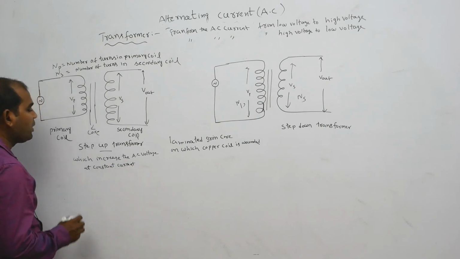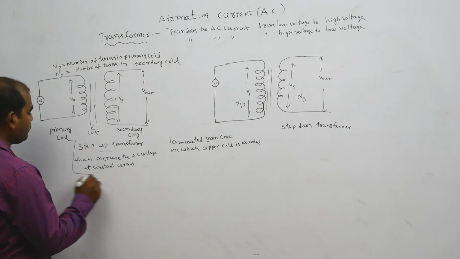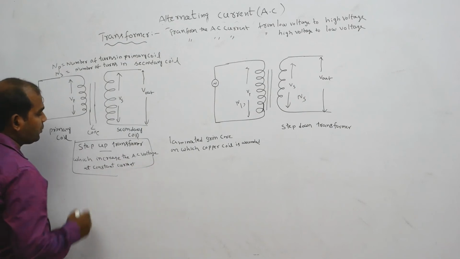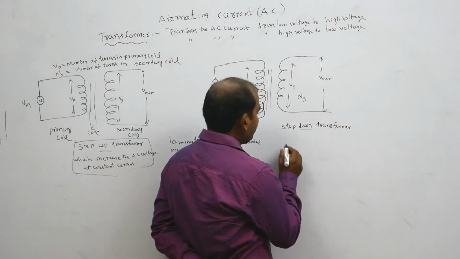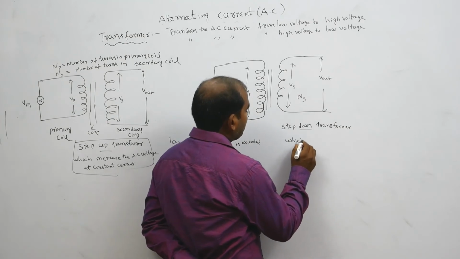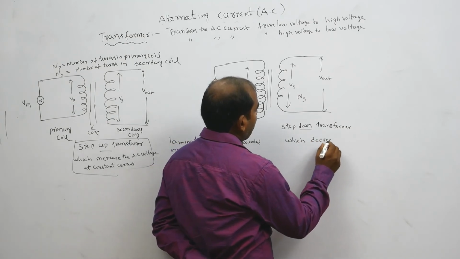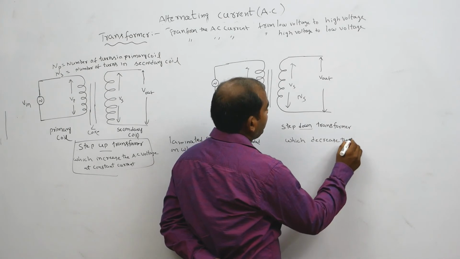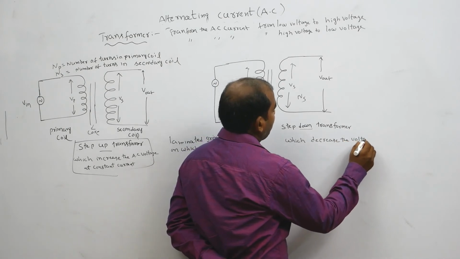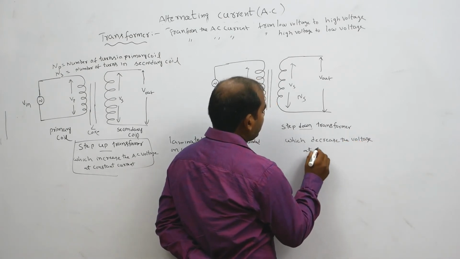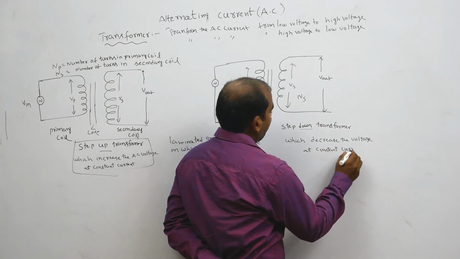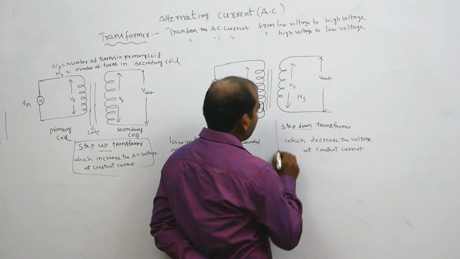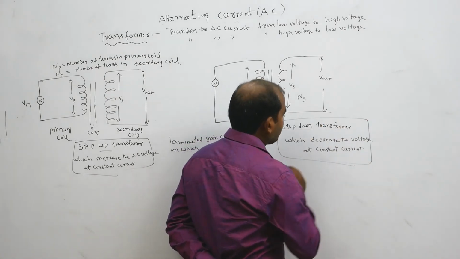What do you mean by step down? Down means decreasing voltage. A transformer which decreases the voltage at constant current is called a step down transformer.